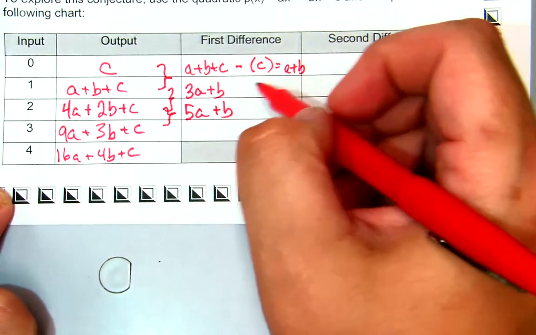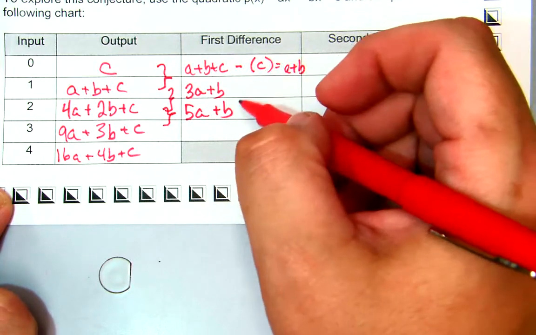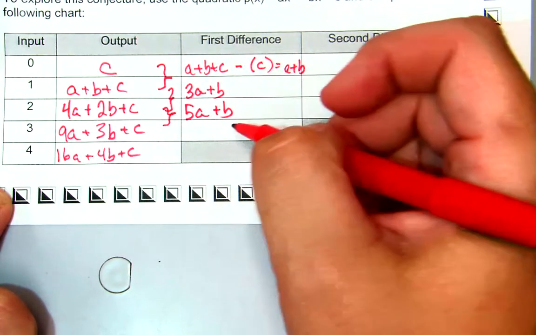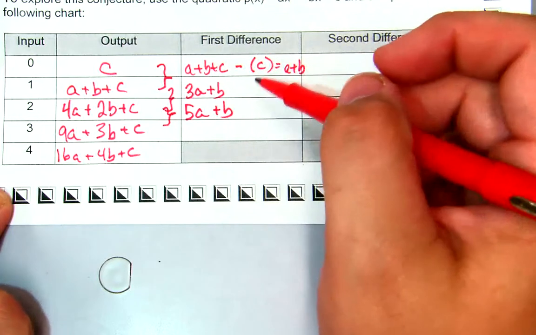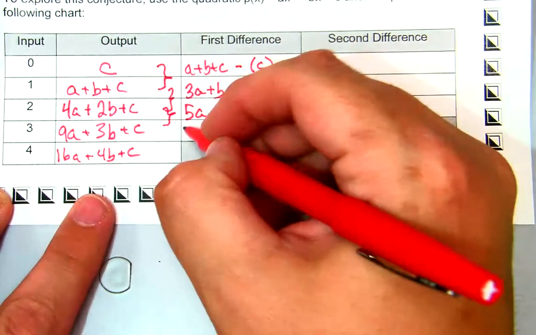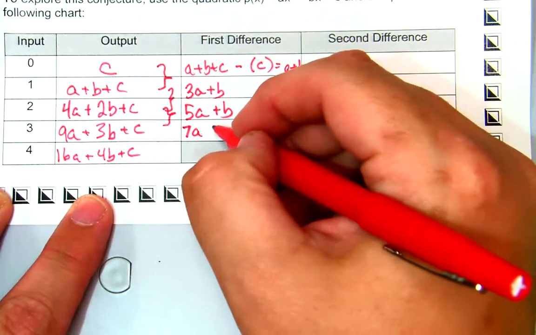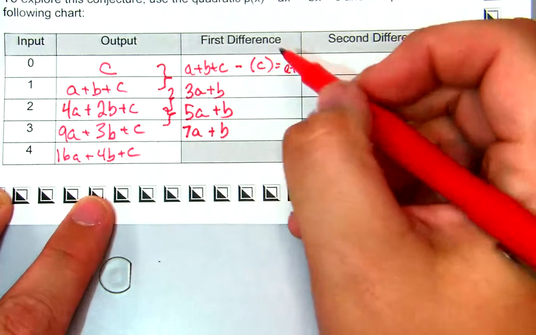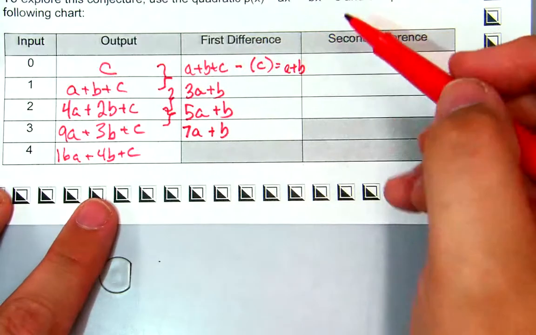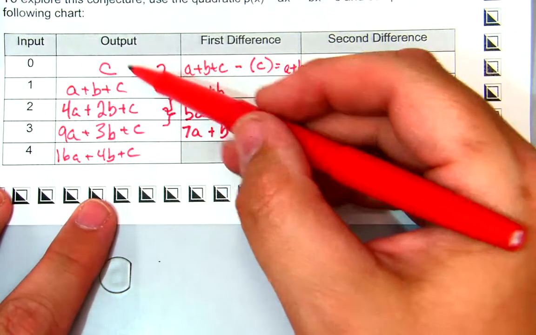Do you notice anything about the C values here in the first difference? We got rid of them, didn't we? In the first three, we got rid of them. And now here, 16 minus 9, 7A, 4B minus 3B. That's plus a B, and the C's are gone again. So the first difference, we were able to eliminate the C's.